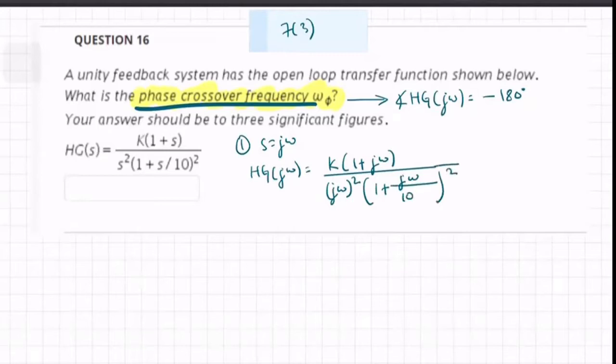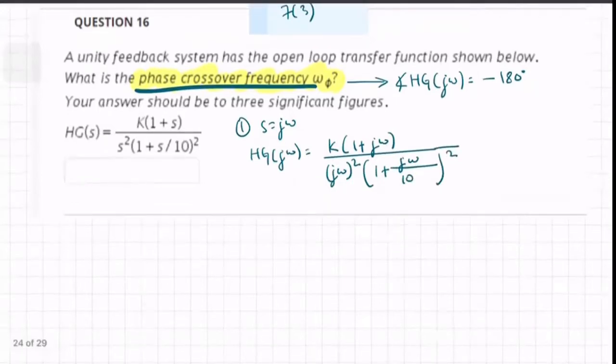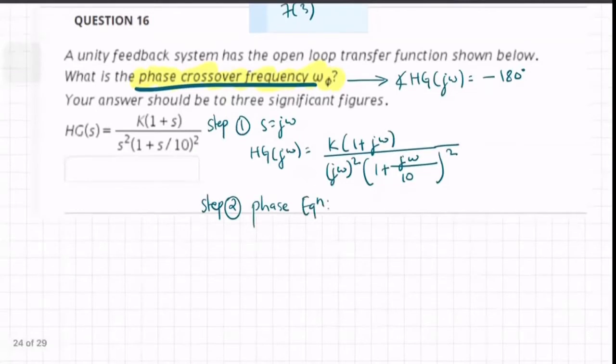So now I need to find the phase equation for this. This is step 2: the phase equation is calculated as the following.